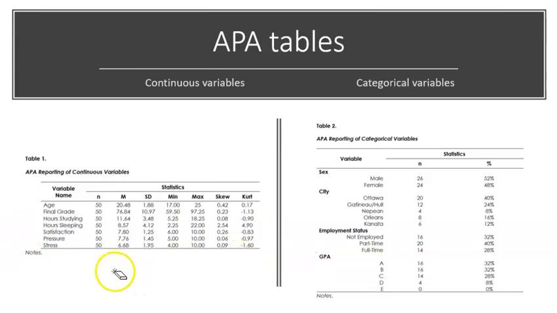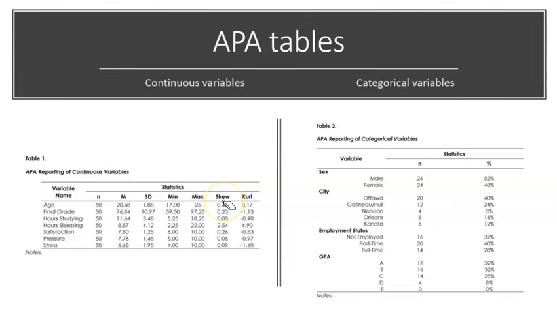For the left part regarding the continuous variables, you have to provide the number of your participants, and also the average score of each variable, and the standard deviation of that variable, and then the minimum and the maximum. That becomes the range, and then the skewness and the kurtosis.